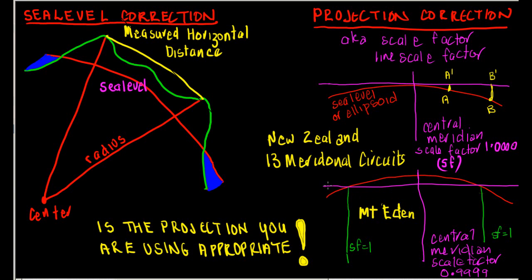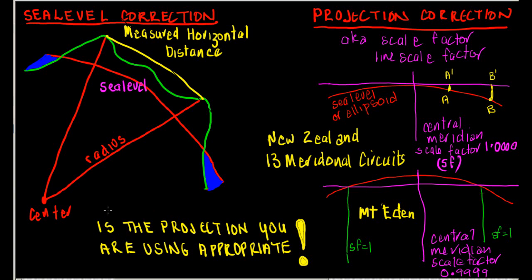So there you have it, all of the corrections that are applied to a measured distance to get it to a point where we can use it either on a map or in a particular situation. But the thing to remember through all this is: is the projection you are using appropriate?